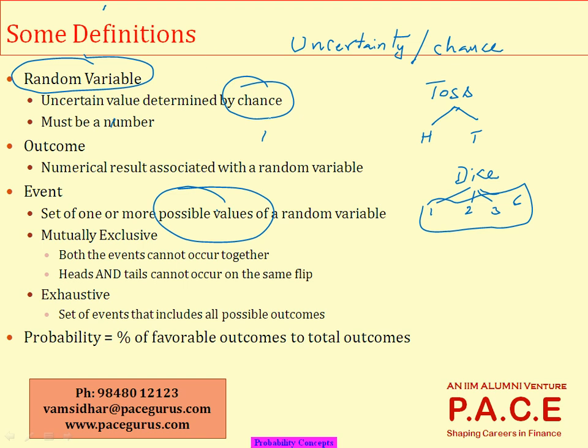Event is something which is of very interest to me, because I would like to know in probability, whenever we are doing something, what is the chance of getting a head when I toss a coin 5 times? What is the chance of getting 3 heads? So the events are nothing but a combination of one or more outcomes, or even zero or more outcomes. That is what we are bundling as an event, and probability is always defined at an event level.